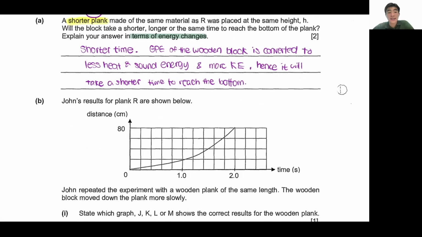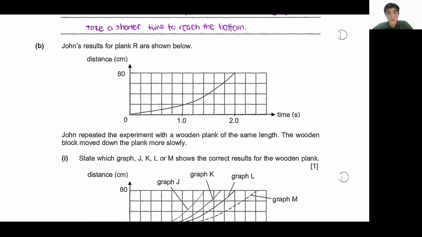Now they say the results of the plank are given below, and you realize that the distance traveled increases all the way until 2 seconds, where the distance traveled is 80 cm. That means 80 cm is the length of the wooden plank, because the block will travel the entire length until it reaches the bottom, and it will stop.